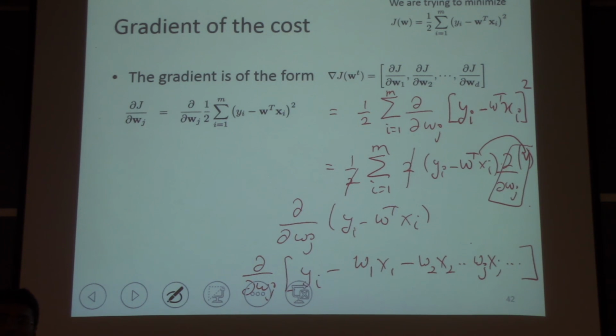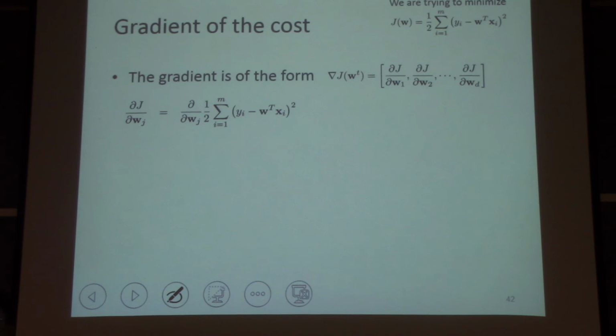That's a big summation, but there's only one term here which has a Wj, which is this guy. All the other things vanish. So this is just minus Xij. Okay. So let me clean it up. Any questions about this? Let me clean it up and I'll step through this again so that you don't have to deal with my handwriting.